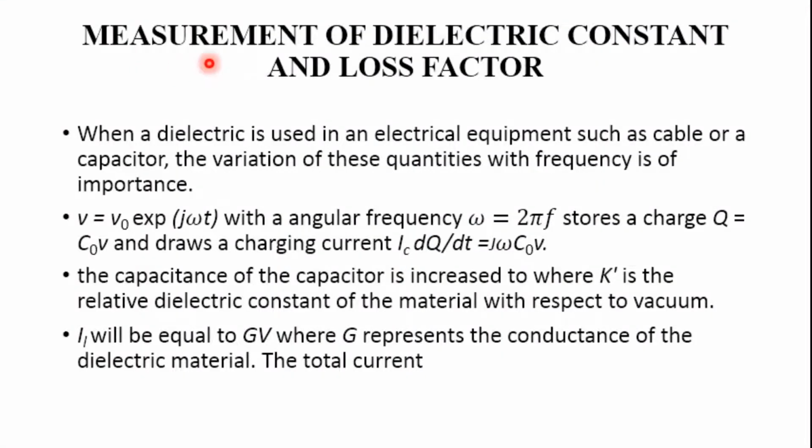Now we are going to discuss the measurement of dielectric constant and loss factor. Many insulating substances have a dielectric constant greater than unity and have dielectric loss when subjected to AC voltages.